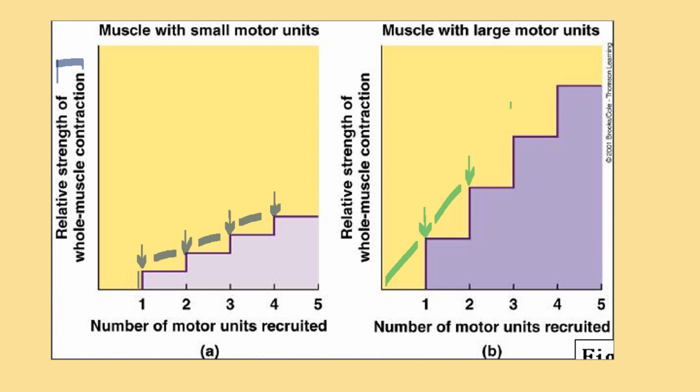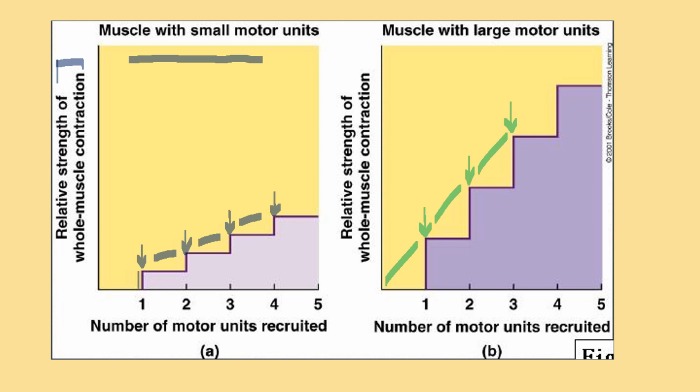Let's say we need more force. We can recruit motor unit number 3. And again, another 2,000 muscle cells will become activated during motor unit recruitment. So we can compare the increase in the relative strength of muscle contraction in panel A, a muscle that has small motor units.